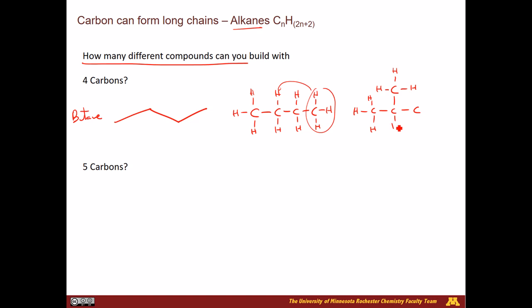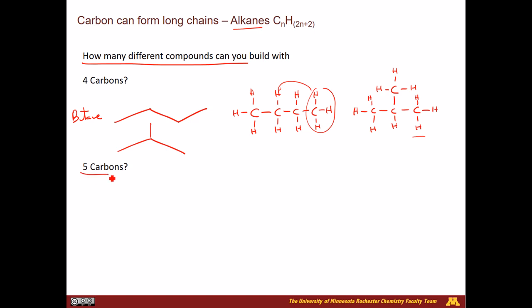Always make sure that all the carbons follow the octet rule. Okay, so in other words, you have butane, the one on the left, and this one, which is called isobutane. So we are removing this one, and instead of adding it here, I'm adding one on top. Okay, so there are 2 different compounds for having 4 carbons.